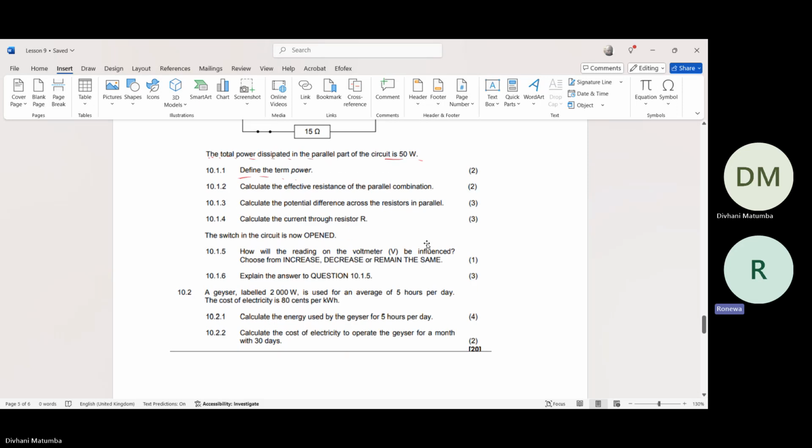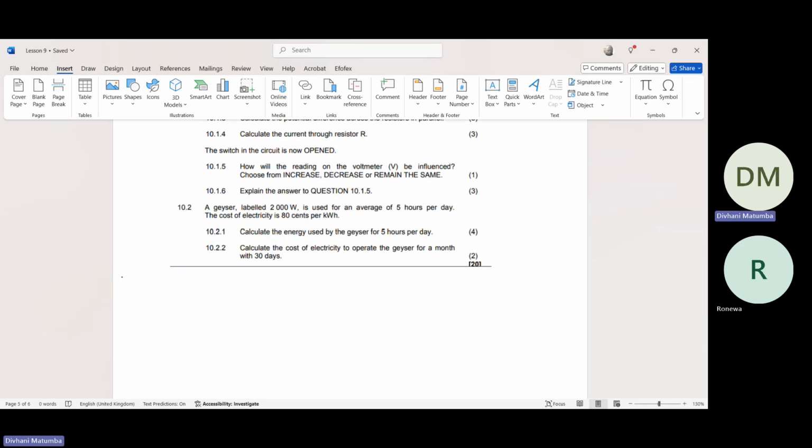The rate at which work is done. Okay, 10.1.1. Power is the rate at which work is done. Perfect. Okay, 10.1.2.